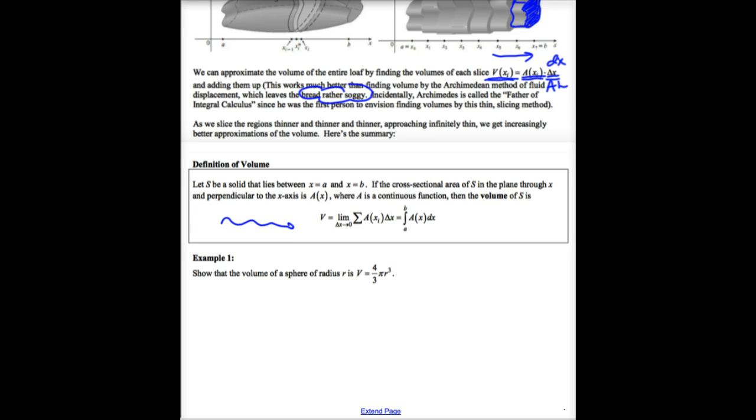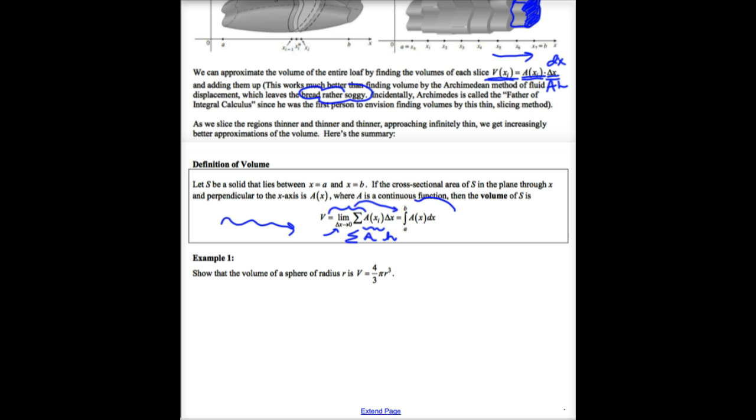To find the volume, we find the area of the base, back to 4th grade, length times width, times the height. We're going to slice it all up, add up all the slices as the heights approach 0. And this whole piece here is the definition of our definite integral.